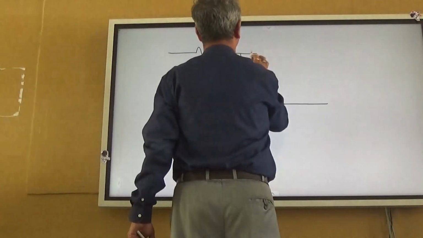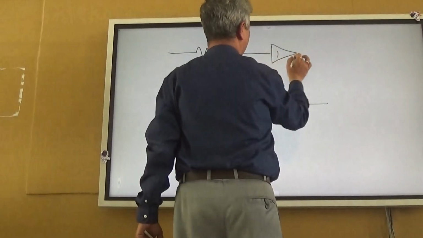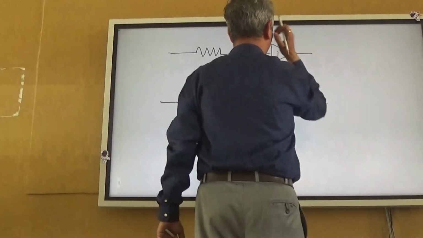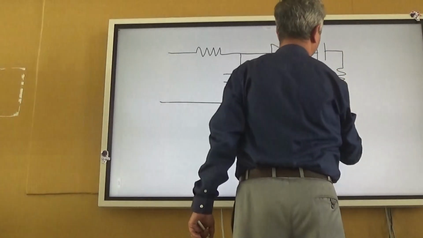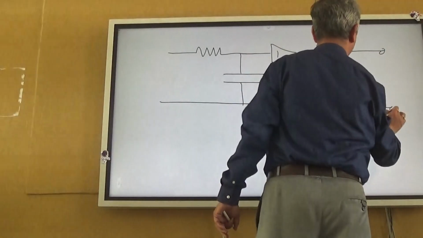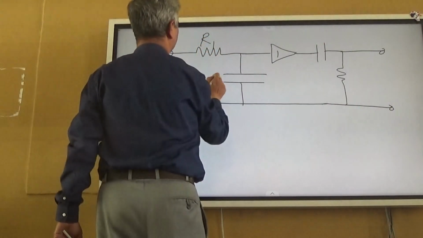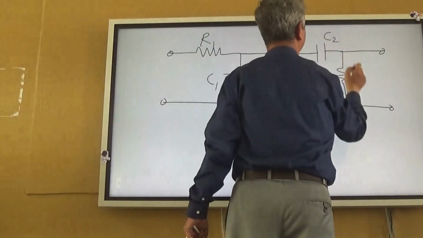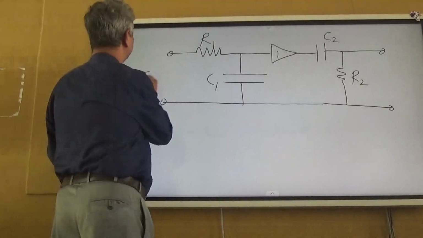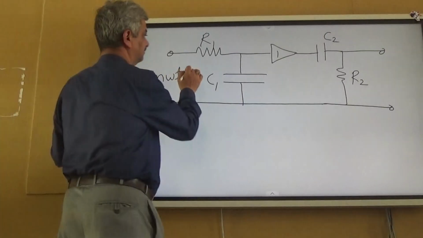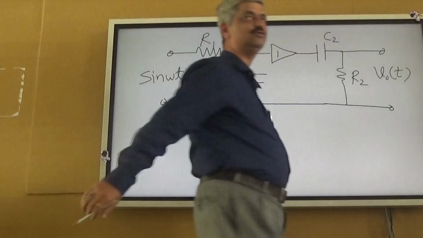And here you put an amplifier of gain 1 and then you put so what would be VOT?